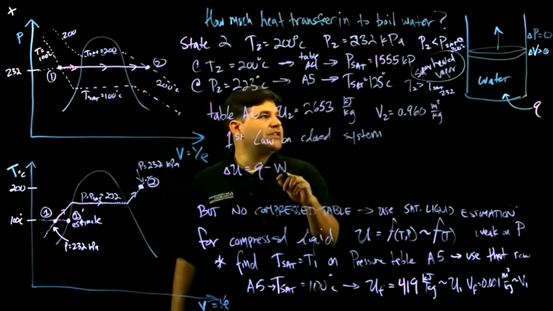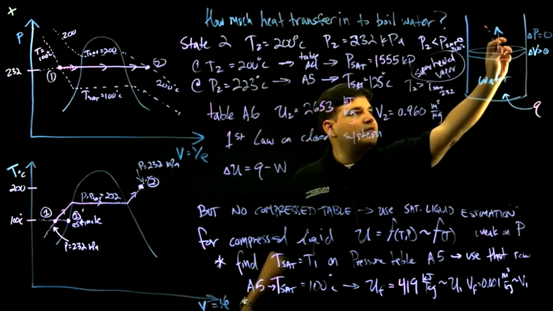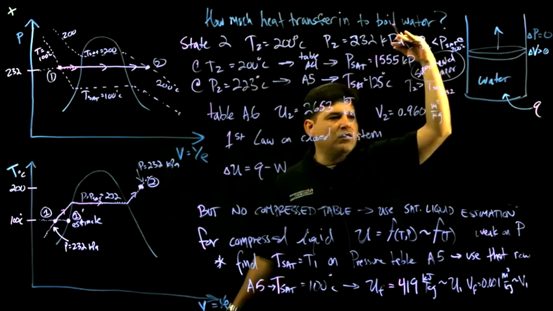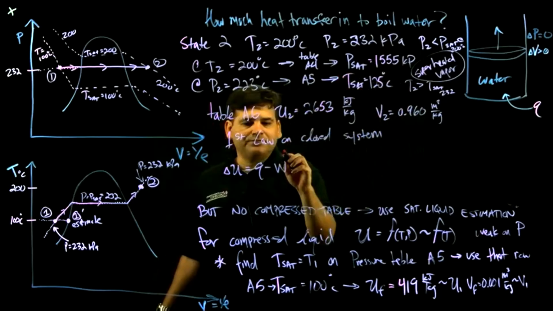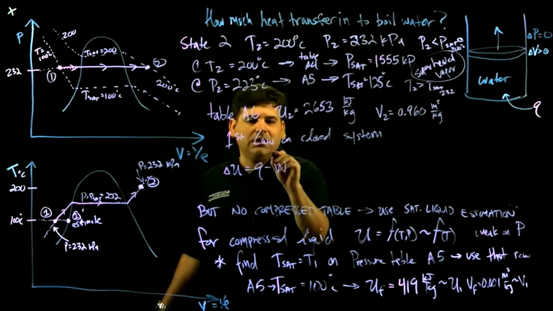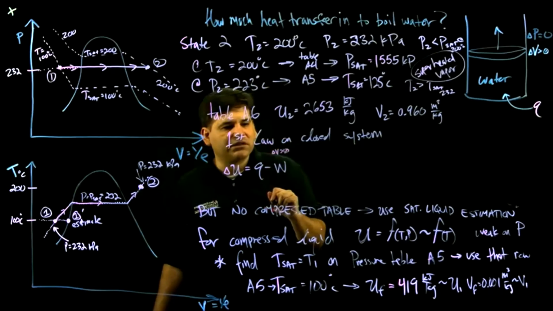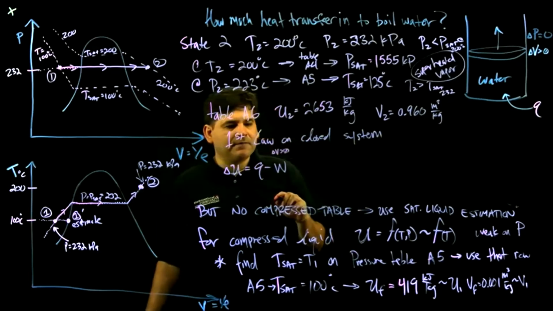Work. Does the boundary change? Yes. To keep the pressure constant, the boundary moves, so the volume increases. So this is, yes, delta V greater than 0. So it's work out, and pressure is constant.